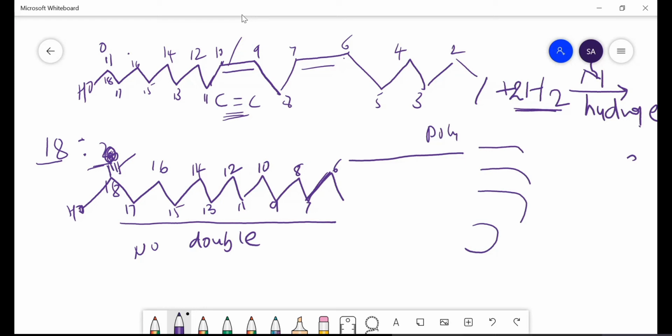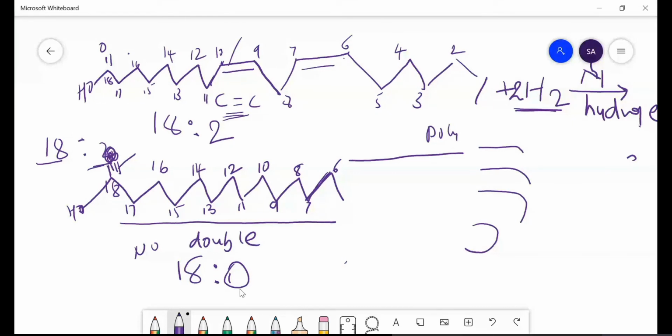So a saturated fat is formed which has 18 carbon atoms and 0 double bonds, and this one has 18 carbon atoms, 2 double bonds. The bend has gone. The number of carbons has not changed.